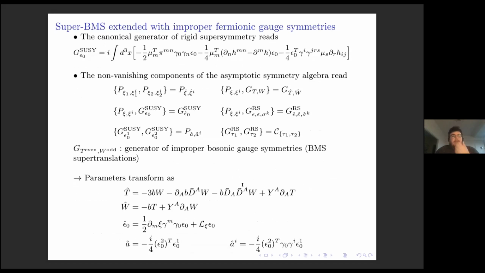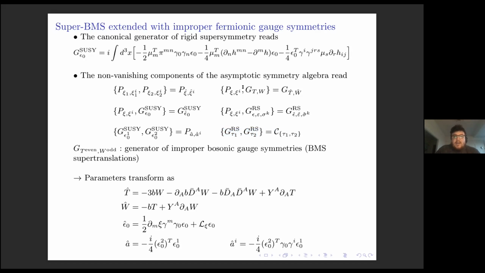So the canonical generator for rigid supersymmetry in this case is going to be given by this expression here. And we can compute the algebra of the canonical generators, that is going to be super-BMS extended with improper fermionic gauge symmetries. Here we obtain again the central extension for the fermionic fields, for the canonical generators of improper gauge transformations.